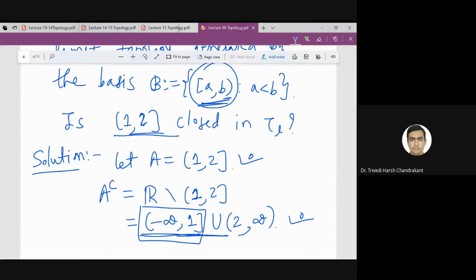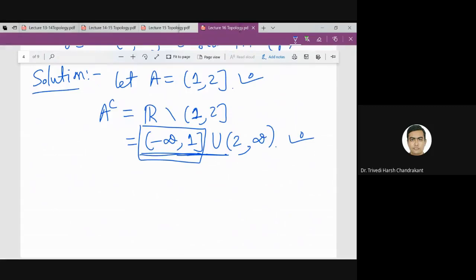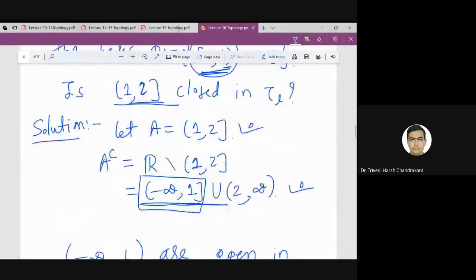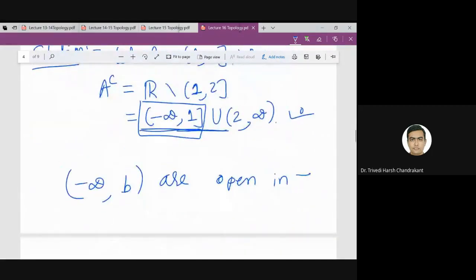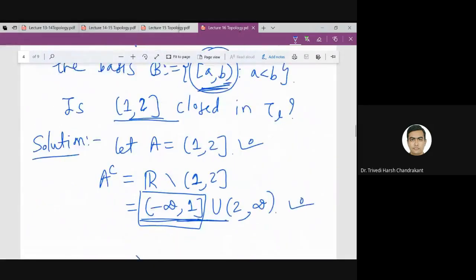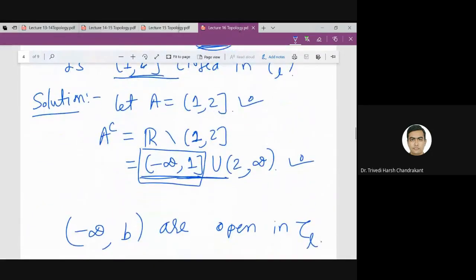It is clear that all the sets of the form minus infinity to b are open in tau, because I can write them in this form. But what about this type of element and this type of element?